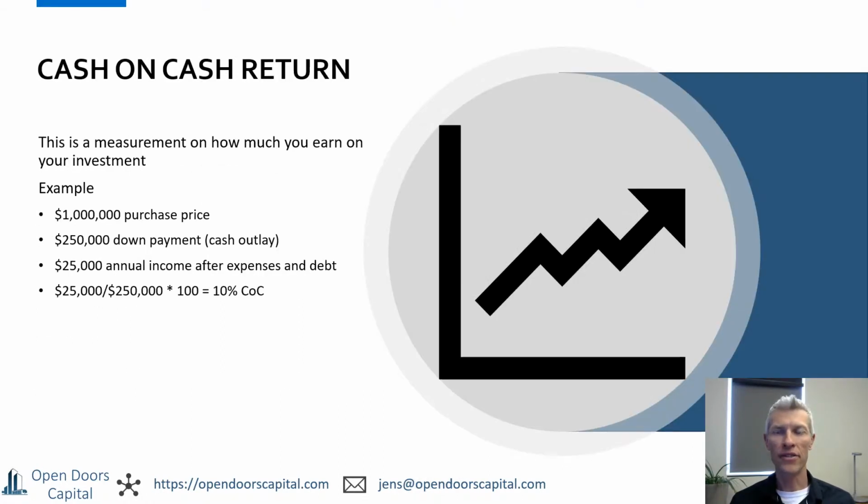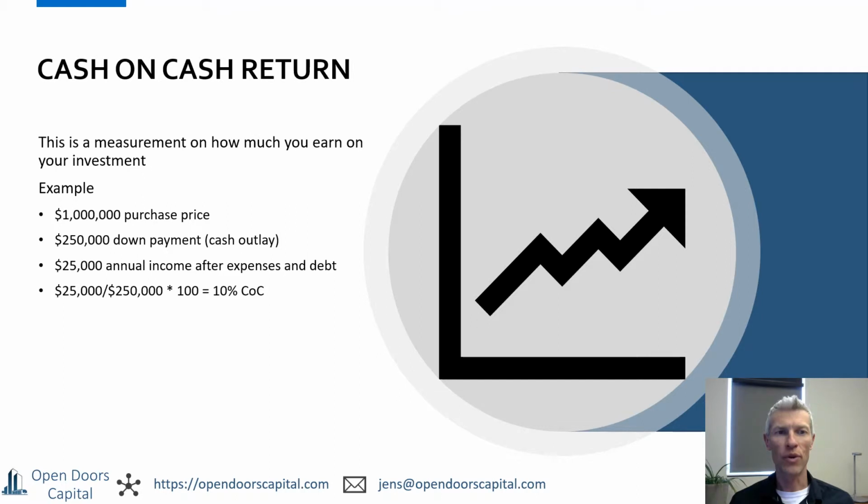So the other one, this is very important for people that invest in deals, is what is your cash on cash return? It essentially means the percentage return you earn on your investment. So let's say you have a $1 million purchase price, you pay down $250,000 as the down payment, 25%.